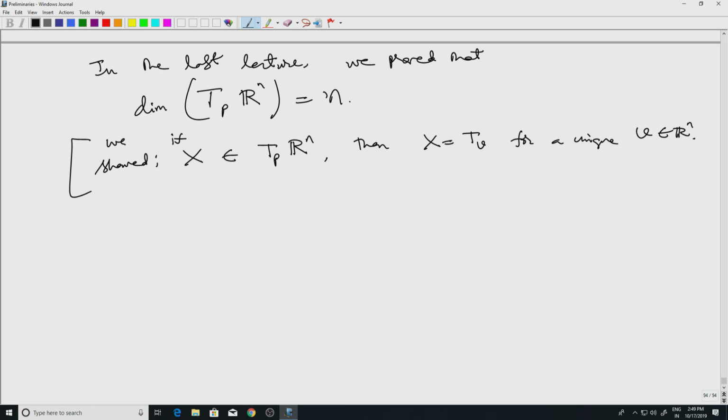So this enables us to set up an isomorphism between Rn and TpRn.